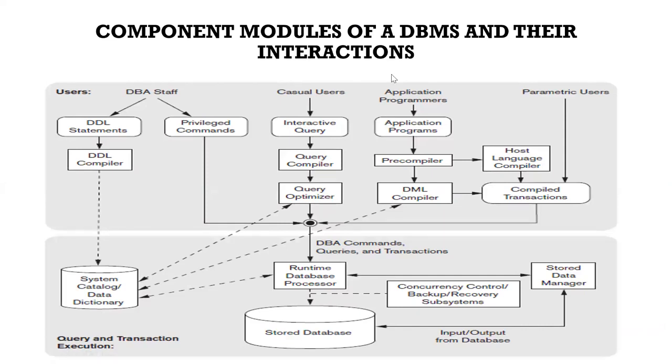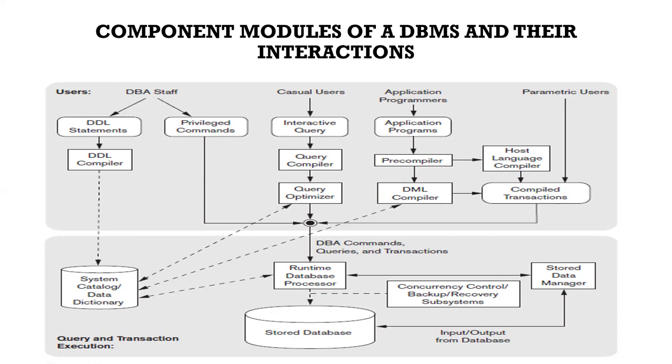These are some of the components available in the database management system and how these components are related with each other. The first thing is the DBA staff, who will be maintaining the DDL statements, data definition language statements.